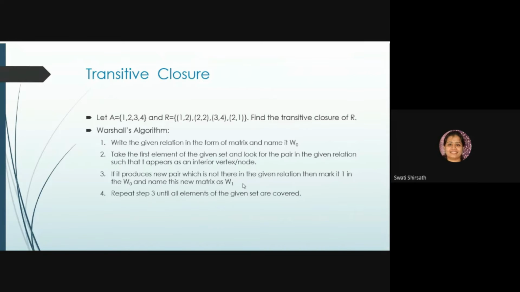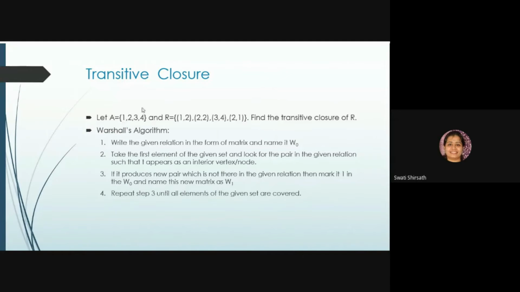So we have found a new pair that was not in the given relation. We made changes in the previous matrix and marked that pair as 1. This continues. You may find one or more new pairs for a given element as an interior vertex, and you add as many new pairs as it forms.